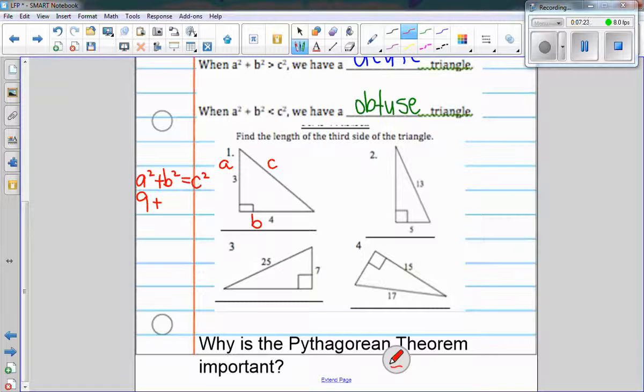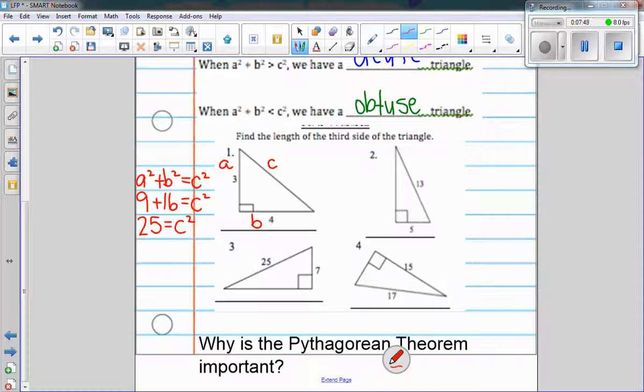I know that B is 4, so B squared is going to be 16. But I do not yet know C squared. I'm going to use what I know about being able to solve for a variable. I'm going to combine like terms. So I have that 25 is equal to C squared.